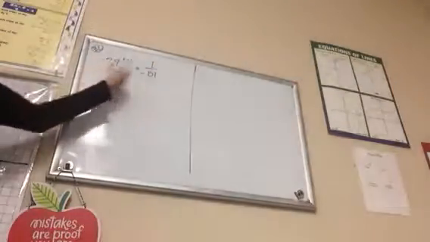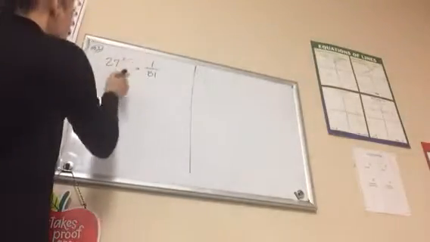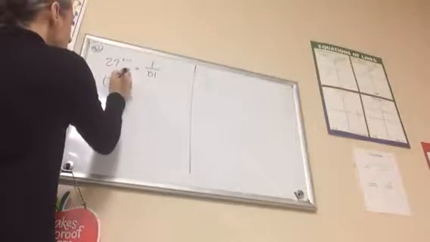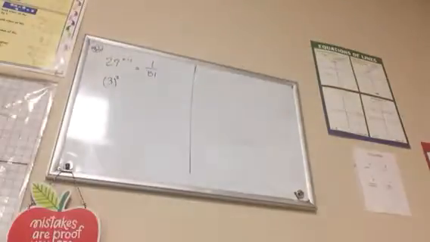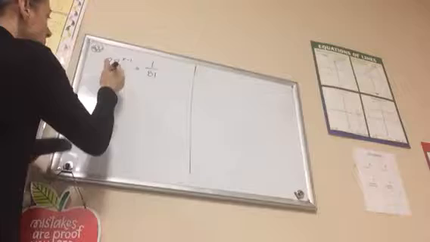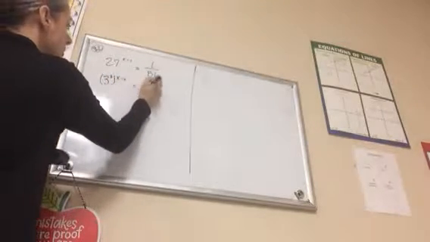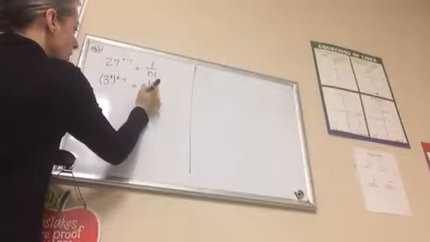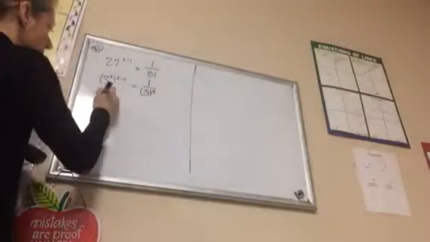Okay, we recognize that 27 and 81 are both multiples of 3. Hold on, let's rewrite that. 27 is 3 to the third power. And 81 is 3 to the fourth power, okay?